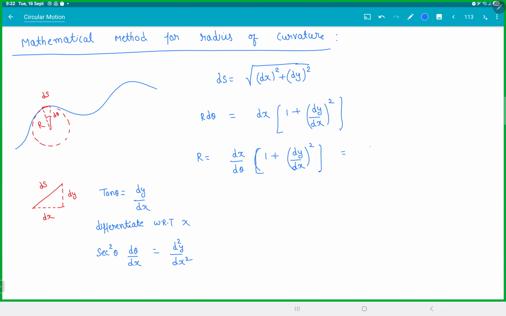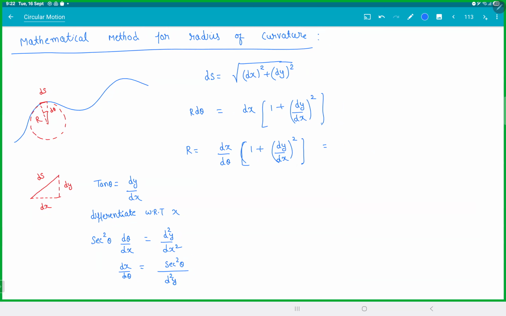So if you substitute this here, this is an arc actually. And sec square theta is nothing but 1 plus tan square theta.